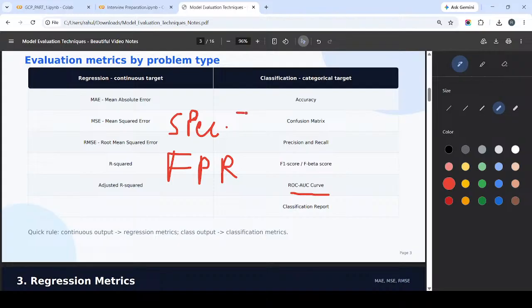It is true negative upon actual negative, that is, true negative plus false positive.